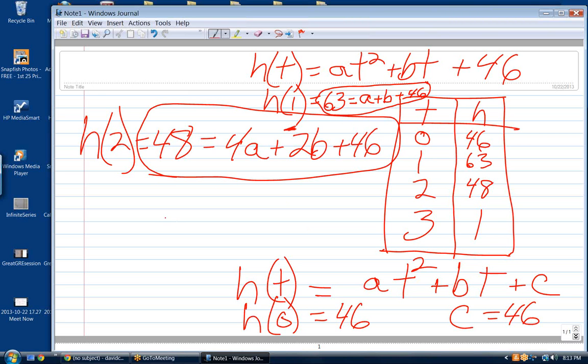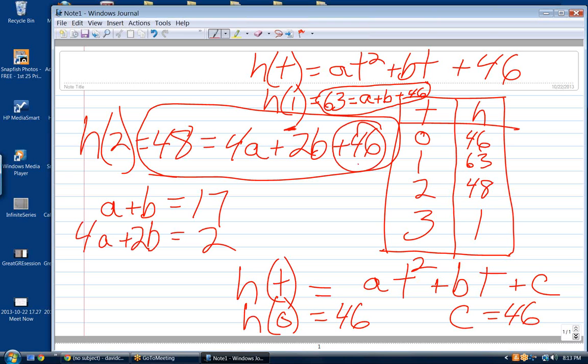Should we go through doing it? Yeah. Okay. I'm going to rewrite this first equation as a plus b equals 17. See how I did that? Just subtracted 46 from both sides. Second equation: 4a plus 2b equals 2, by subtracting 46 from both sides.